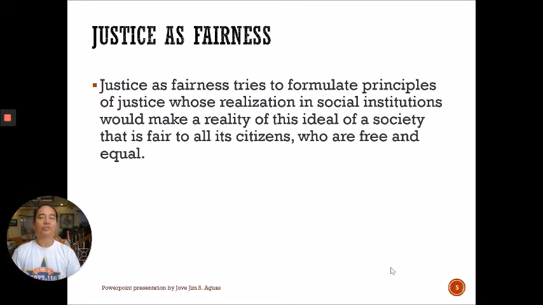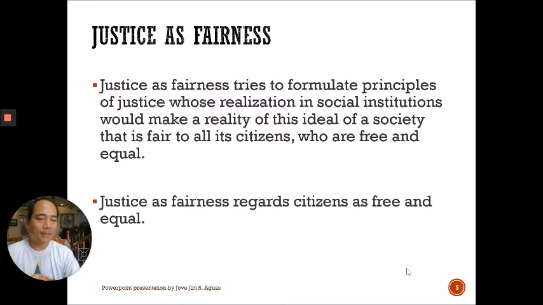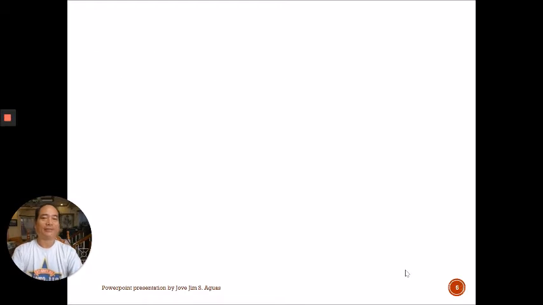Those principles must be based on fairness. So, justice as fairness regards, first of all, citizens as free and equal. Now, you can ask, how about if citizens are not free and equal? Well, then that justice as fairness will not be possible. But remember, this is a thought experiment, meaning he's talking of an ideal society.